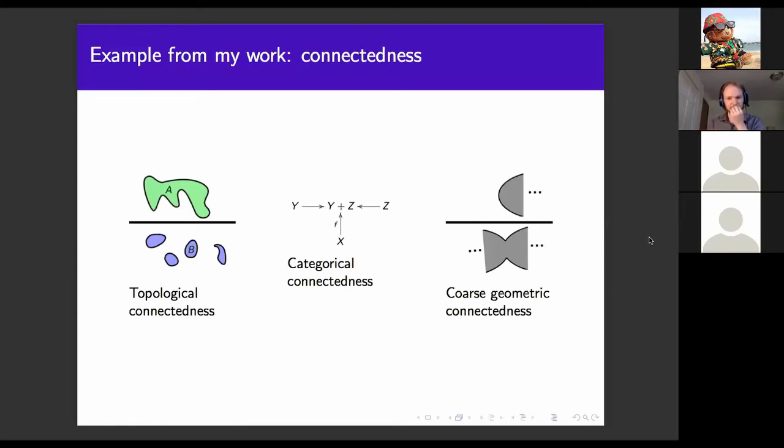I see, okay. And just to follow up, is this category that you discussed now an extensive category, do you know? An extensive category. Zilup's going to kill me, but I'm going to ask you what that is. It's if coproducts are disjoint and universal.